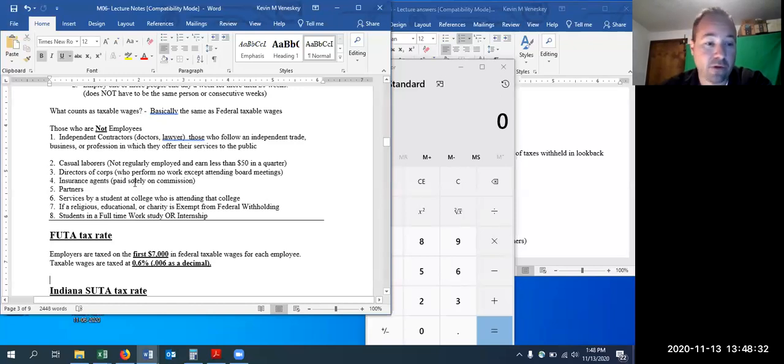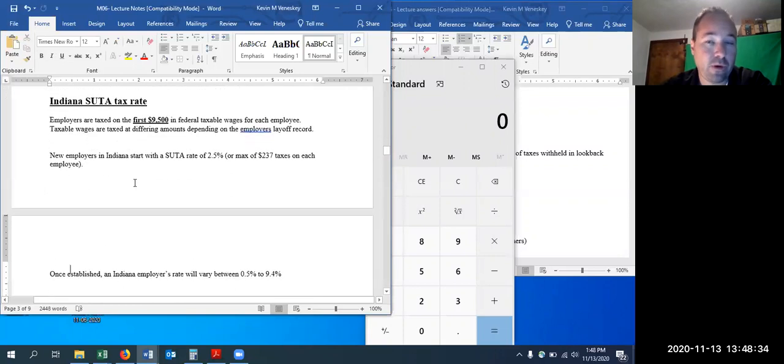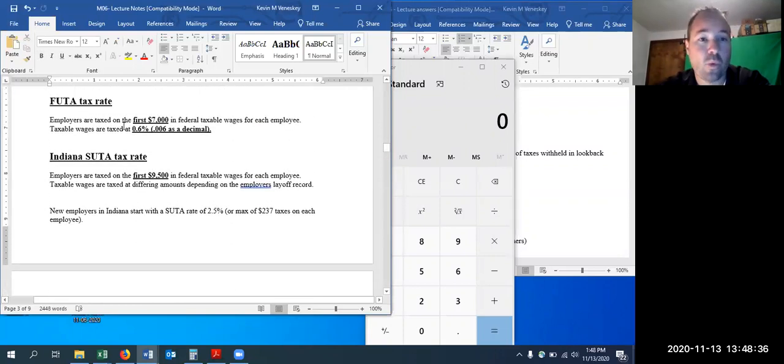All right, let's keep going down, look a little bit more in depth at that. We went over this at the beginning, week 1, but it's good review here. FUTA tax. First big thing here is, I'm going to put this in bold as well. The employer's tax cap is the first $7,000 on your federal taxable wages.